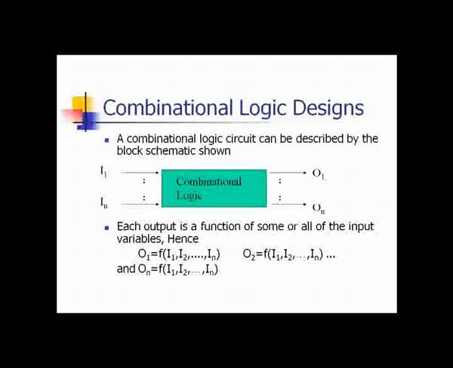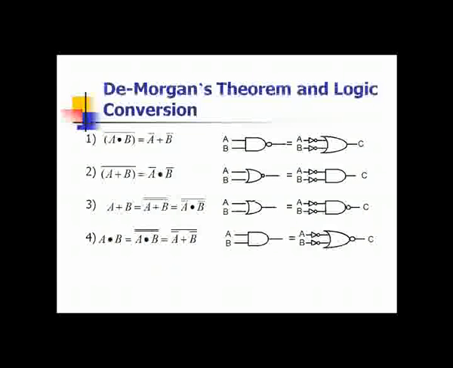The basic difference between these two circuits is that any combinational logic design will not have a feedback path, and the output of a combinational circuit doesn't depend upon the output of the previous state.